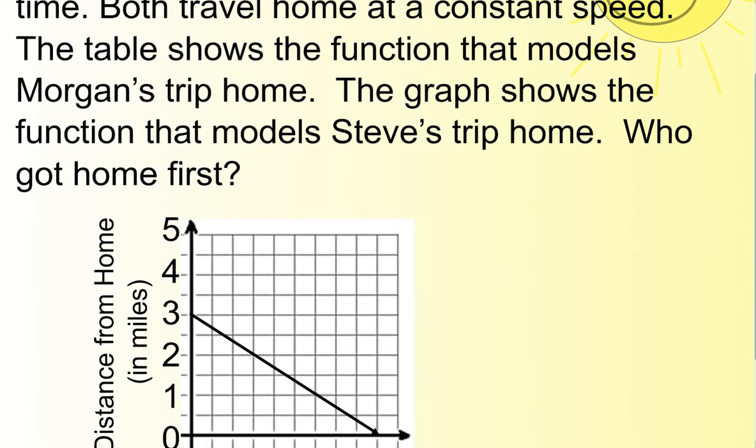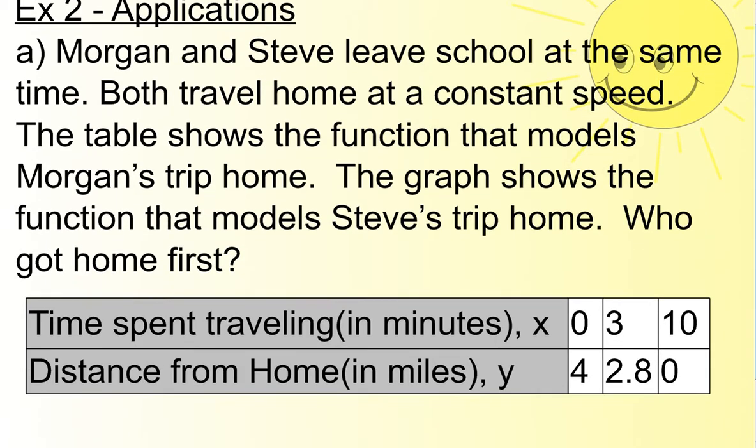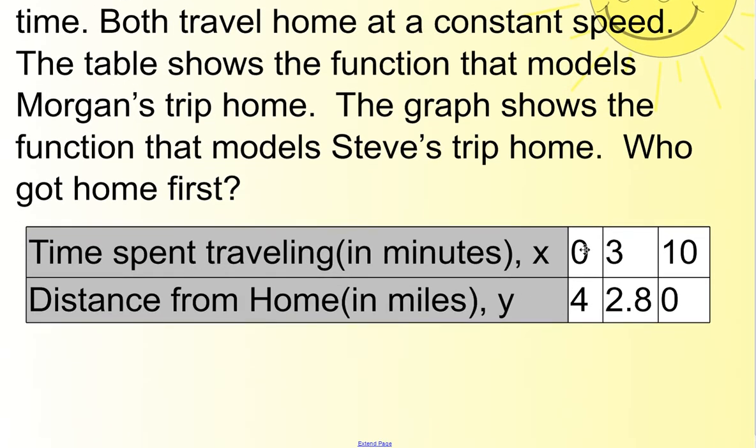All right, so let's see. So time spent traveling. When Morgan has traveled 0, she is 4 miles from home. When she's traveled for 3 minutes, she's 2.8 miles from home. When she's traveled for 10 minutes, she's 0 miles from home.